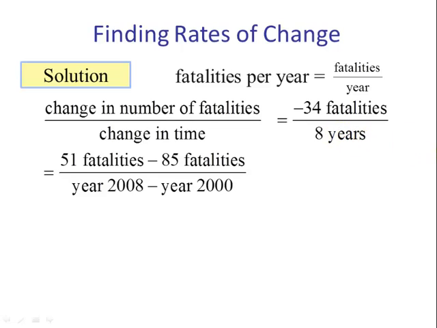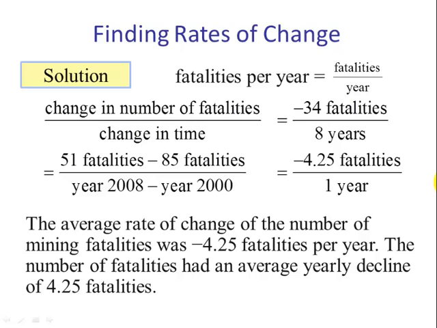And if we divide negative 34 by 8, we see it's negative 4.25 fatalities over 1 year, per year. So the average rate of change for the number of mining fatalities was negative 4.25 fatalities per year.